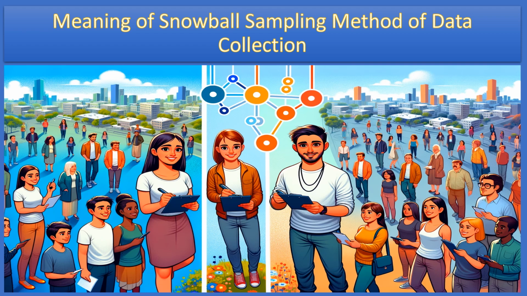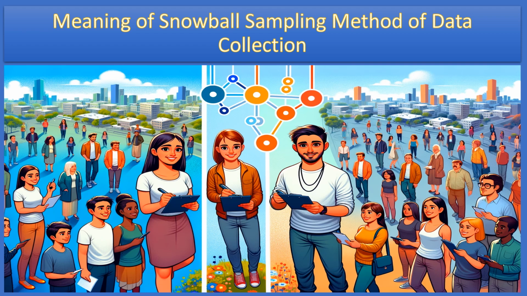The method gets its name from the analogy of a snowball rolling downhill, gradually accumulating more material as it progresses. In snowball sampling, the researcher begins by identifying a few initial participants, often referred to as seeds or key informants, who are well connected within the target population or community of interest.